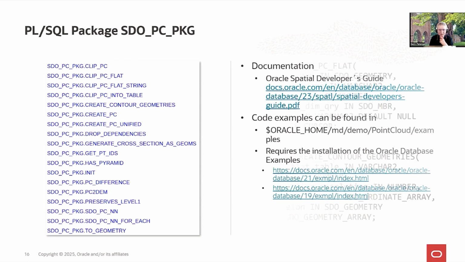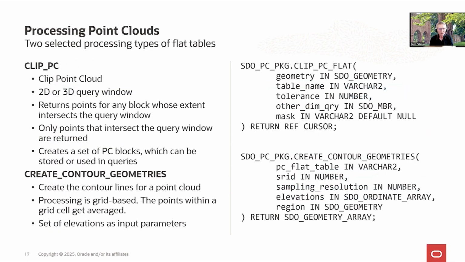Okay, thank you. So I've just extracted here two examples of processing point clouds, specifically ones that have methods to work with the flat tables. One, for example, is the clip underscore PC.